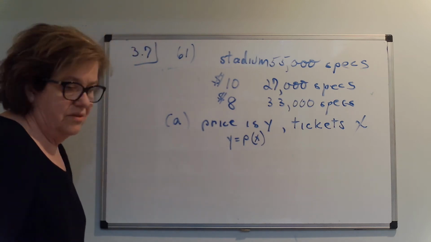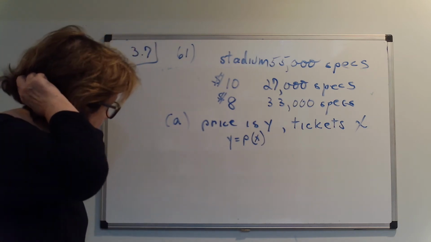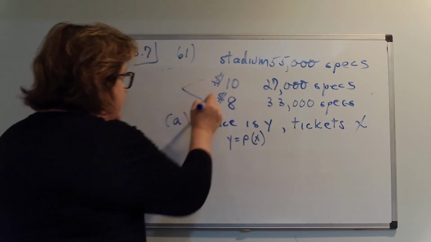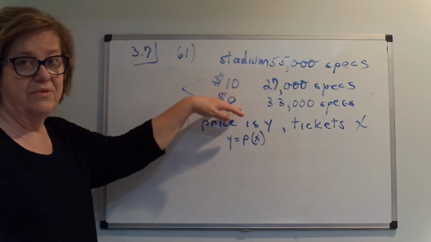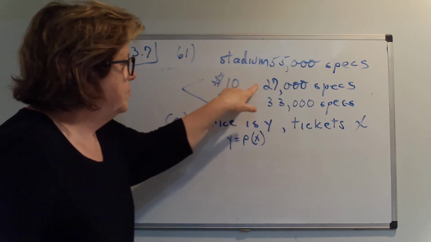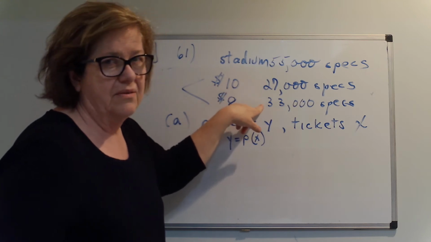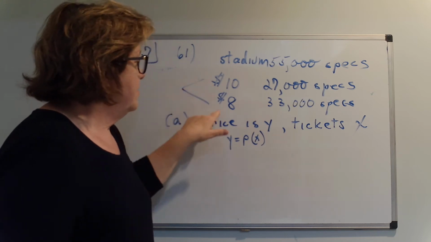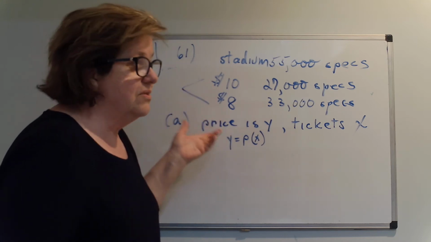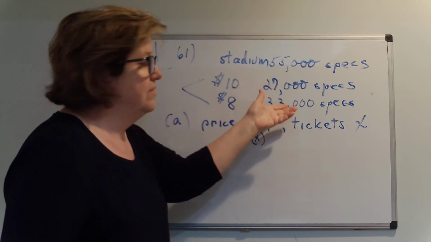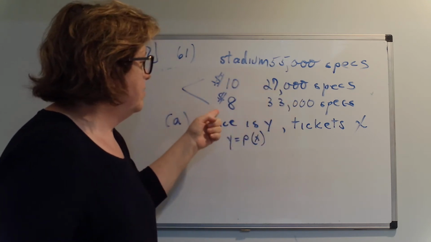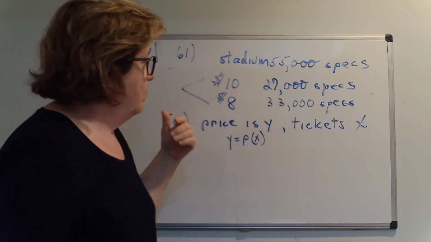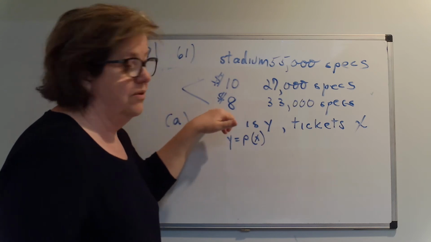Okay, and notice they say the relationship between the two is linear. That means that there's a constant rate of change. What's the difference between 27,000 and 33,000? It's an increase of 6,000, right? This is a decrease of $2. So it looks like for every 6,000 spectators, I need to decrease my price by $2. Or for every 3,000 I want to increase my spectators by, I better lower the price by $1.